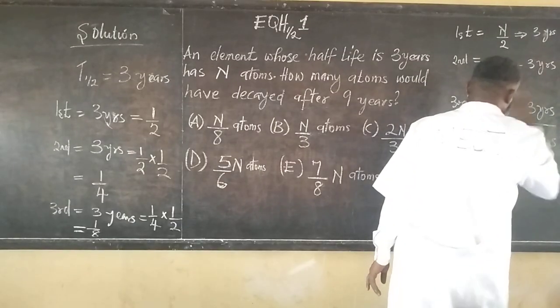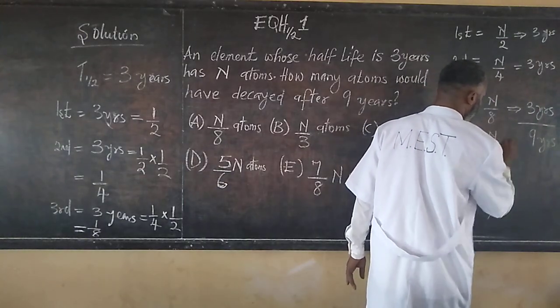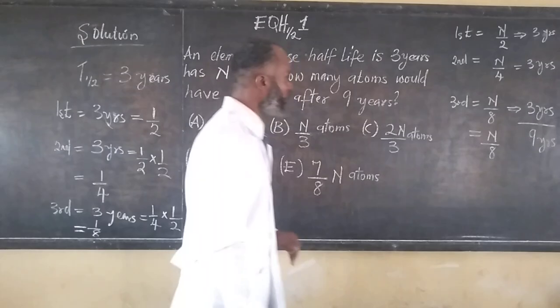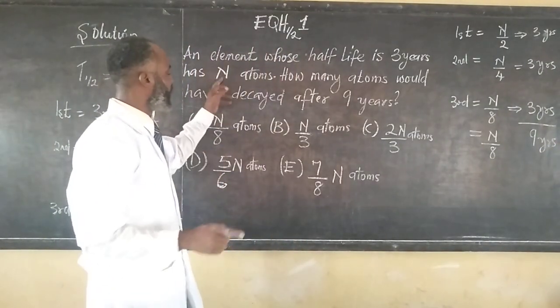How many atoms remain here is N/8. But there is something here. We need to know the fraction, how many would have remained after this.